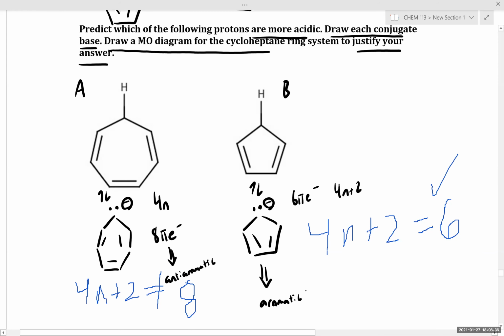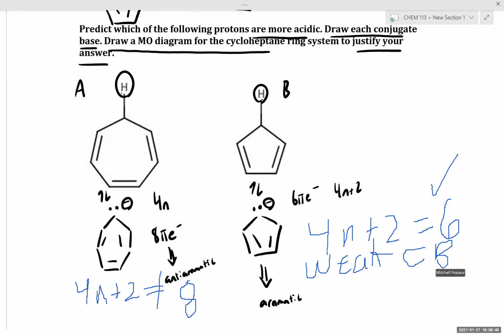So in this case, which of these protons is easier to remove? Which of these protons, when removed, gives us an aromatic system? B, right?